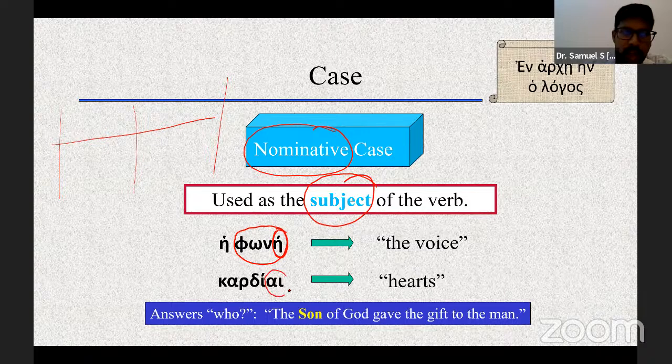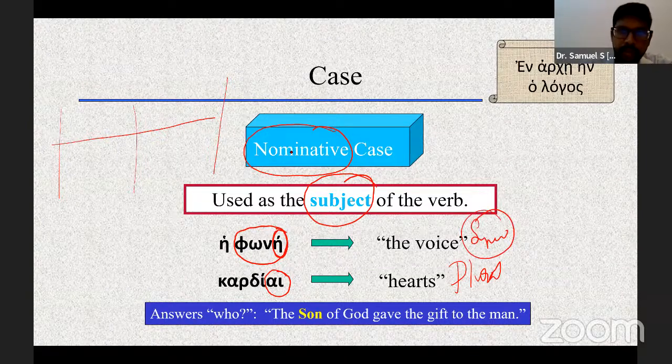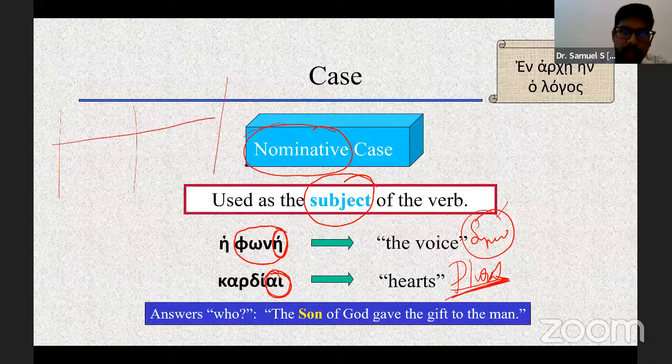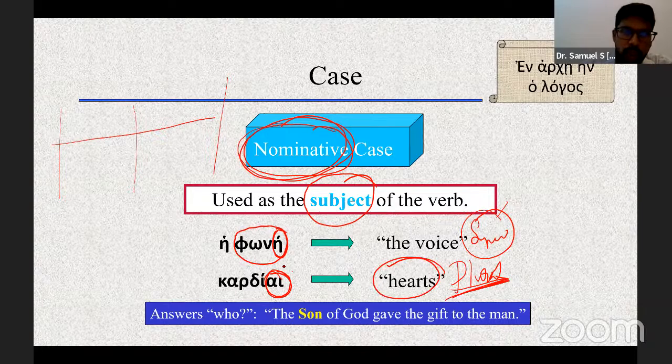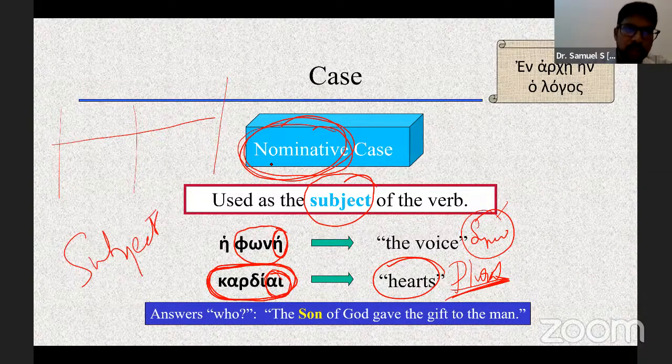Cardii, this I ending is telling us that it is in the plural. By the way, phone is in the singular. It's nominative singular. Cardii is plural, but it is still in the nominative case, meaning it is the subject. So wherever you see cardii, it is the subject of the sentence because it's in the nominative case.